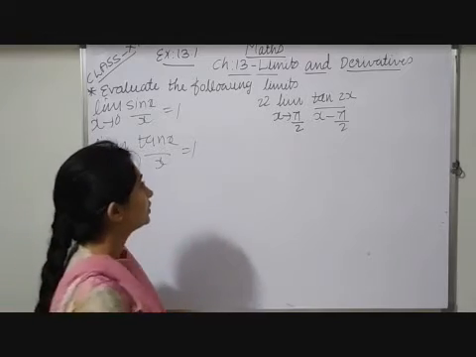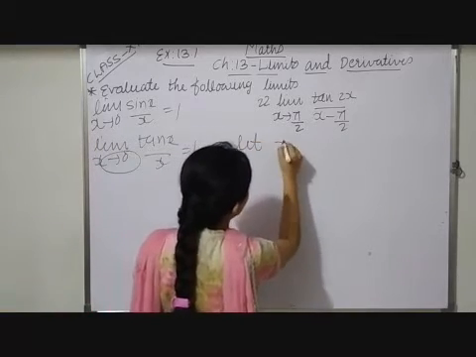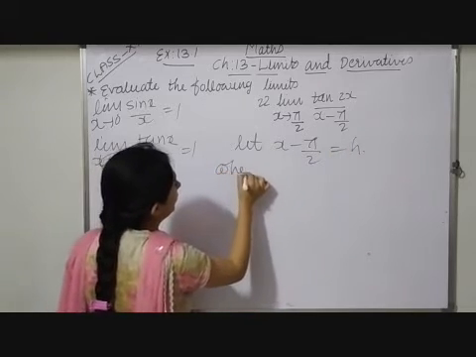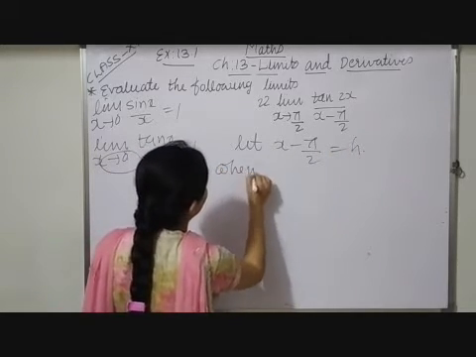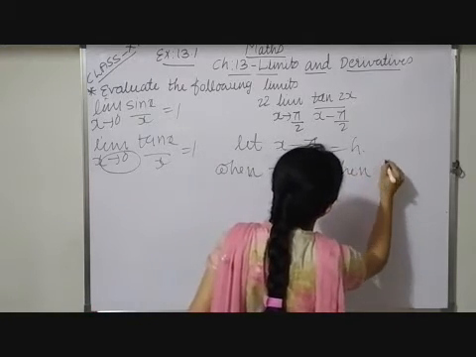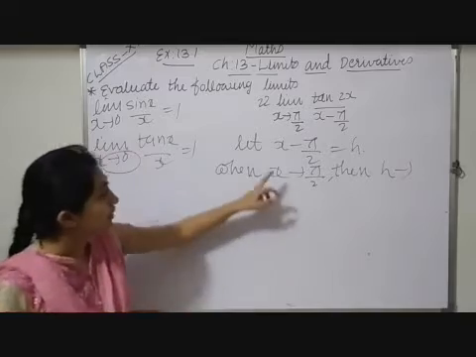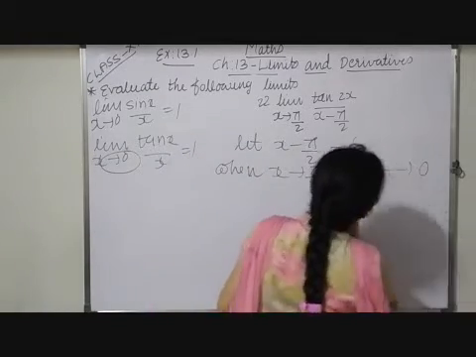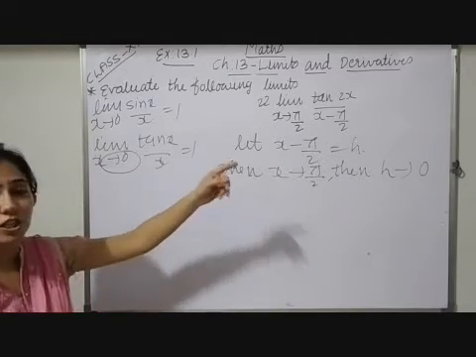So for that what should I do? Let me assume x minus pi by 2 equals h. Now when x tends to pi by 2, then h tends to, substituting pi by 2 in place of x, pi by 2 minus pi by 2, it is going to be 0. Now convert your x function in terms of h.